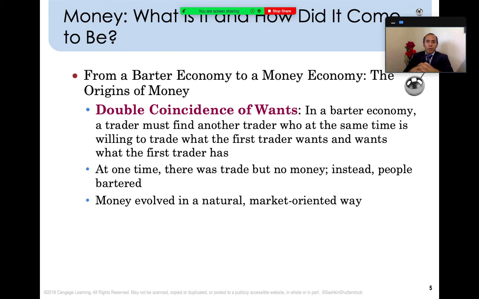At one time there was no money, and people used to barter for goods and services. Money essentially evolved over time in a market-oriented economy. Historically, there have been silver coins, gold coins, copper coins, and many different forms of money.